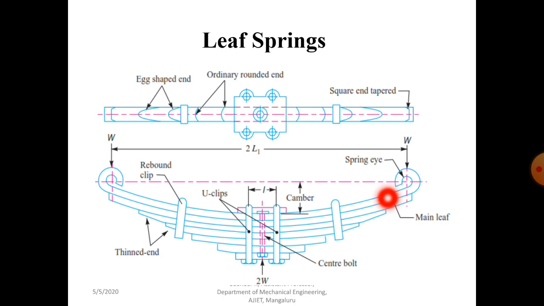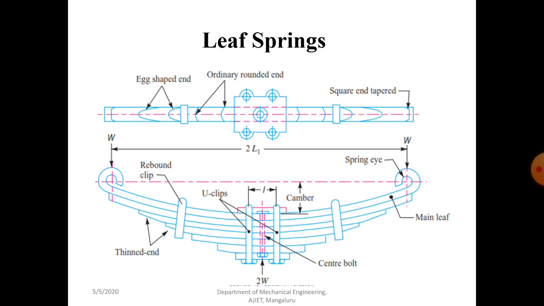The flat plates are called leaves, hence we call it a leaf spring. The leaves have graduated length. You can see the length is gradually increasing. The leaf at the top always has the maximum length.